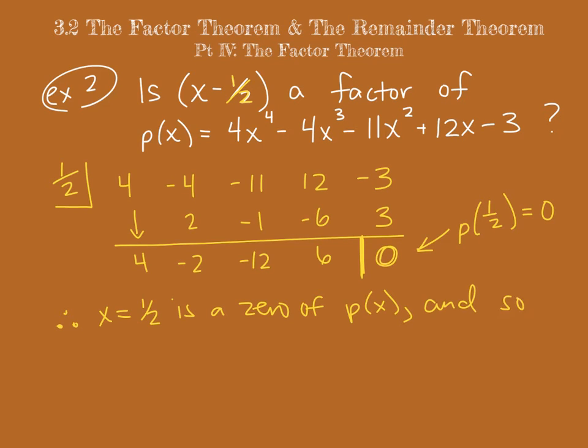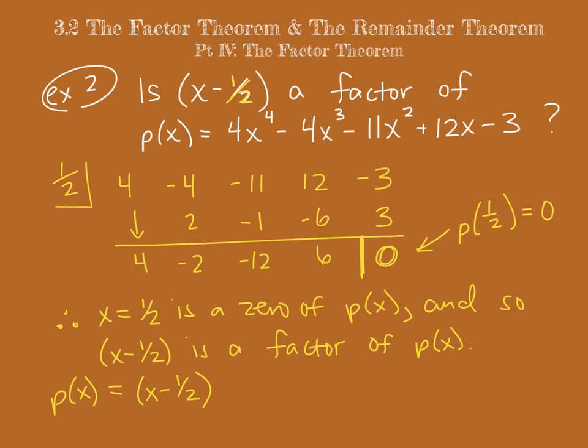And so x minus 1/2 is a factor of p of x. So we know that p of x could be broken down into x minus 1/2, and then this remaining cubic polynomial, which looks like 4x cubed minus 2x squared minus 12x plus 6. And of course, we don't need to write the remainder of 0 there.